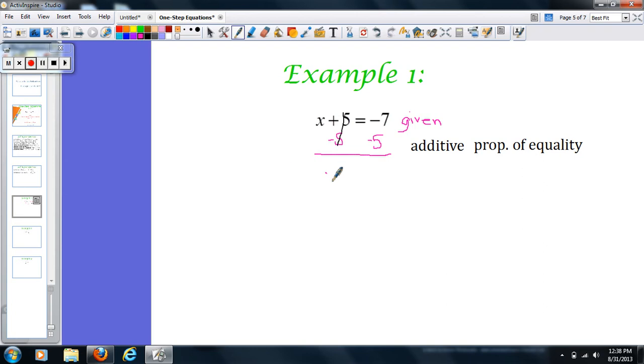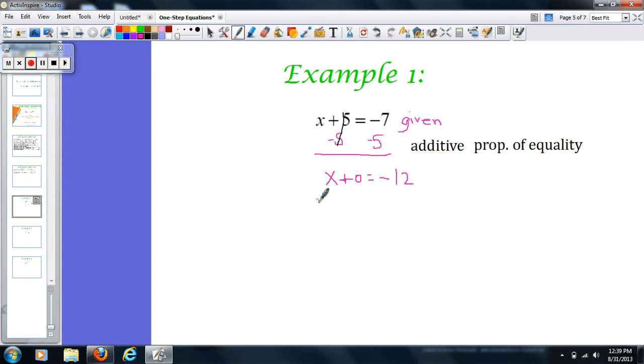So now I have x equals, so let me write one more thing in here. So that's x plus 0 equals, and negative 7 and negative 5 is negative 12. Okay?